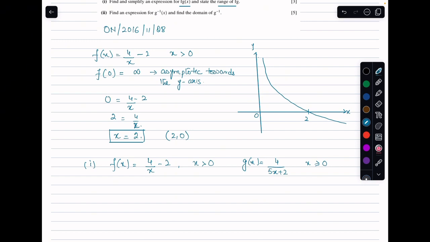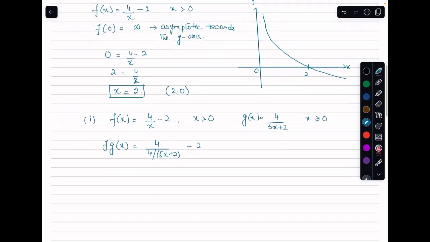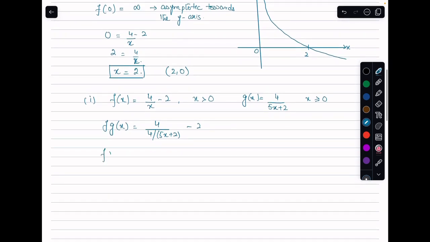If I need fg, then for the composite function fg, I just need to substitute g in place of x, minus 2 here. So fg of x equals 4 divided by 4 over 5x plus 2, minus 2.